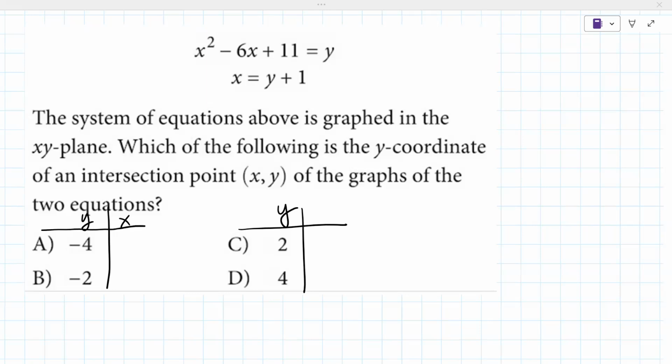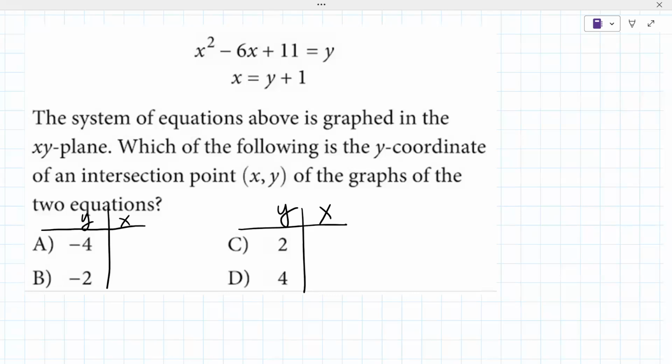All right, so we're about 2 minutes into this. Do you need any help setting up the table or have any questions about this one? Yeah.